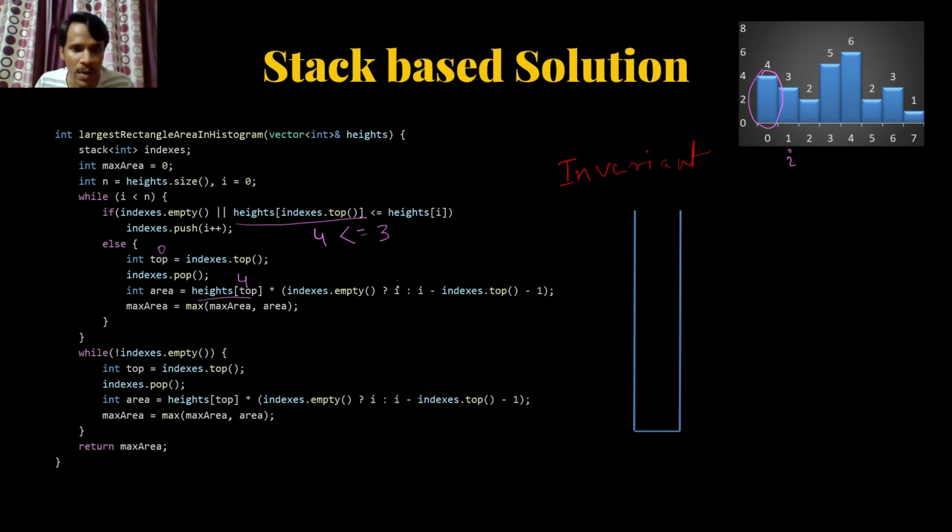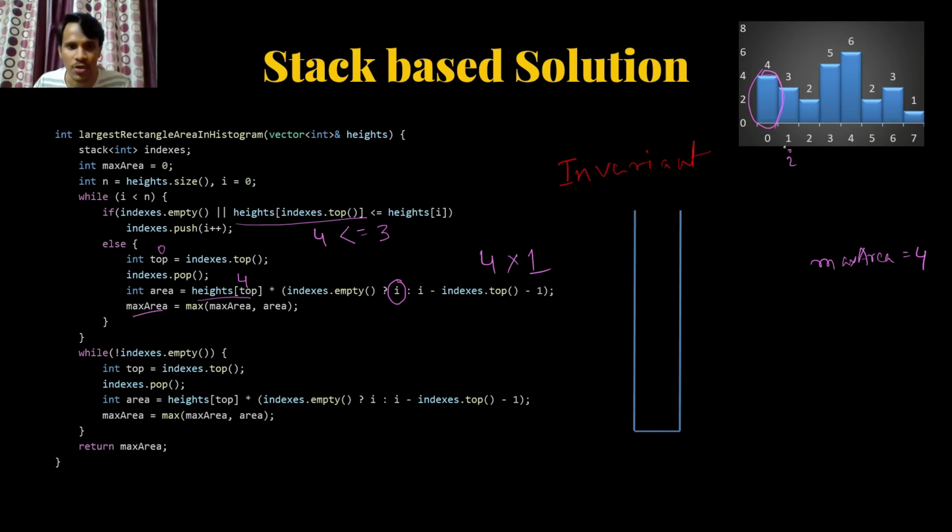This is multiplied by the number of elements that have currently been processed, that is 1, right? So 4 into 1 basically gives the area of this bar. So we update the max area with this. So the max area is now 4.